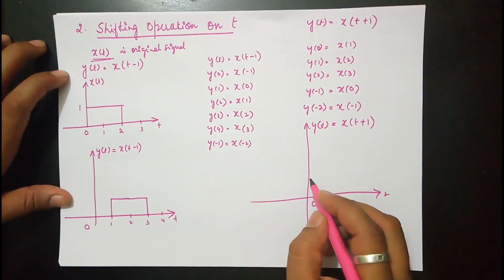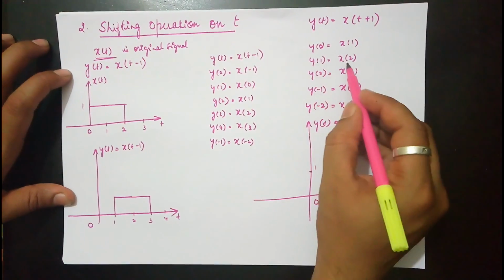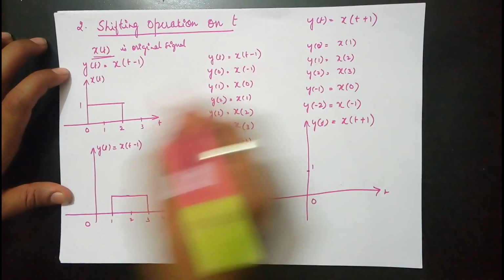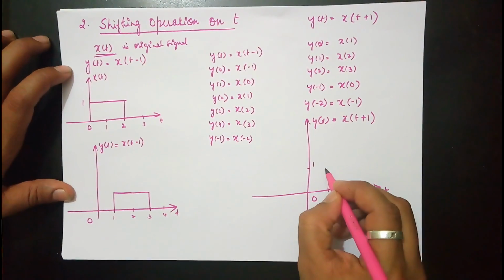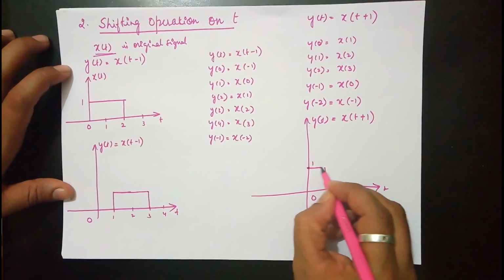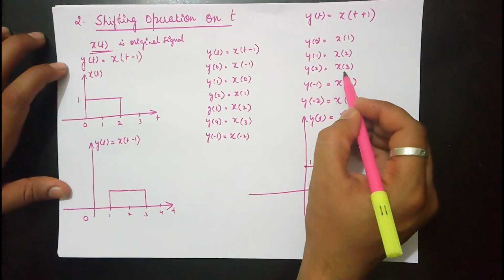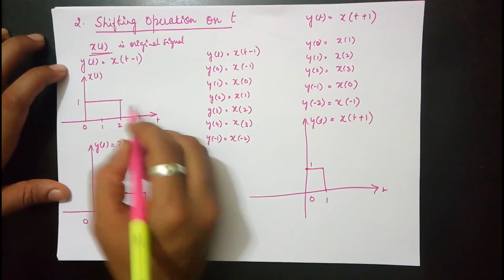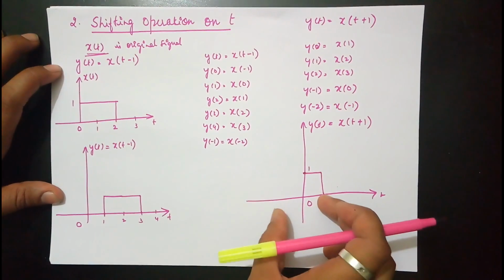So at y of 0, the amplitude will be 1. Y of 1 amplitude is whatever is there at x of 2. You have amplitude of 1. So this is what I get. Y of 2 is x of 3. X of 3, I don't have any waveform here. So our waveform to the right of t is equal to 0 will be truncated here.